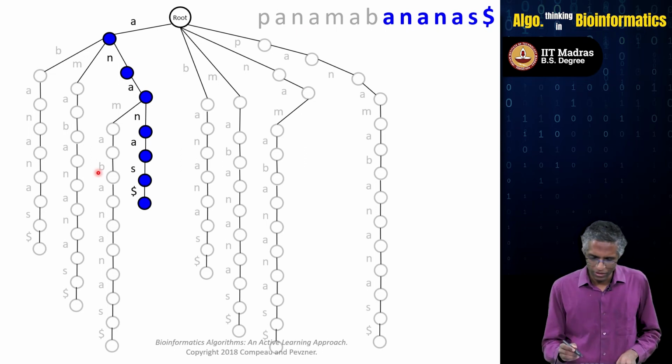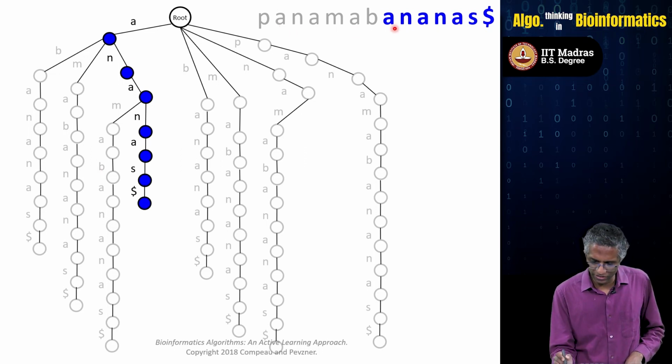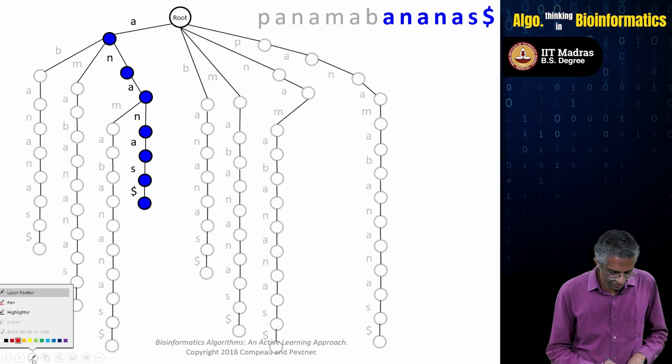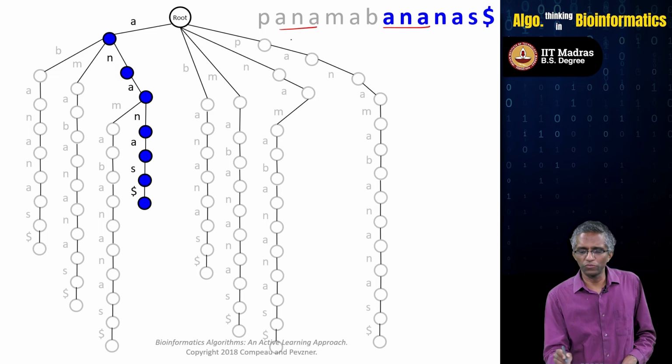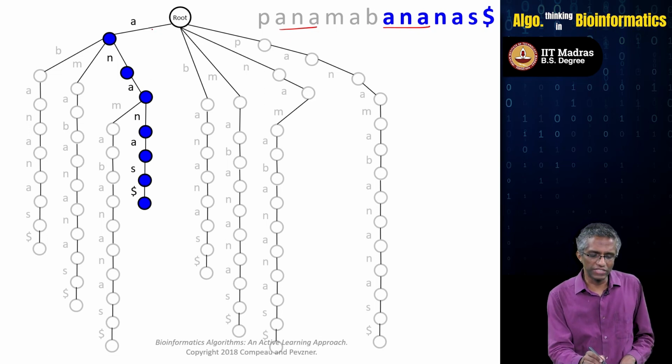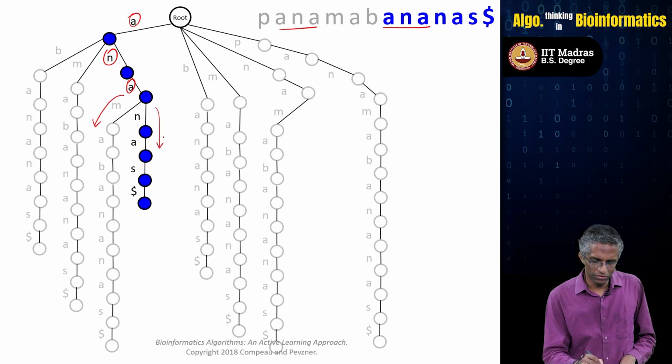Okay, this A and A here and this A and A here are being shared. So substrings of this genome which are shared will lead to sharing of these edges A and A, right? Then you have Ma bananas going down this, and then ananas going down this.